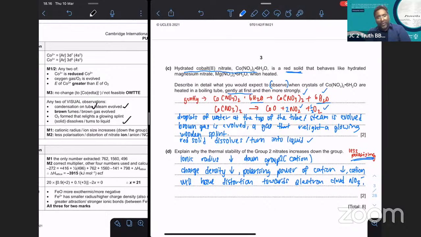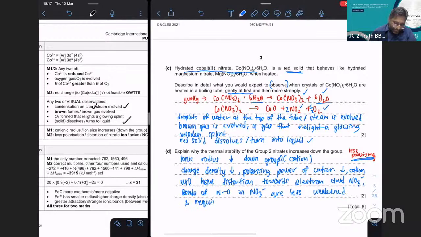Therefore there is less distortion, so the bonds between nitrogen and oxygen in NO3 minus are less weakened, and require more heat, or more energy, to be broken.